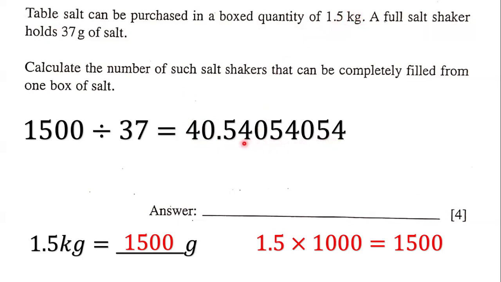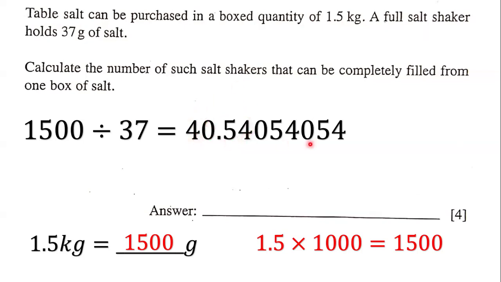The decimal part tells us that even though there are 40 salt shakers that can be completely filled from this one box of salt, there's going to be some salt still remaining after you completely fill these 40 salt shakers.